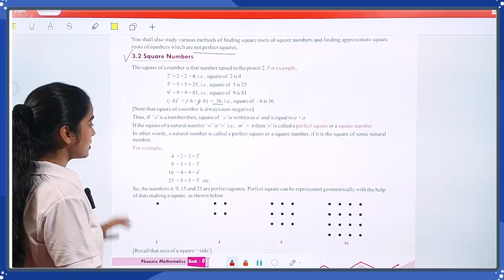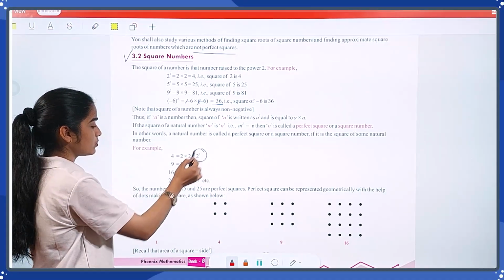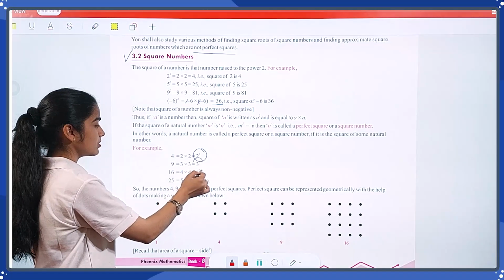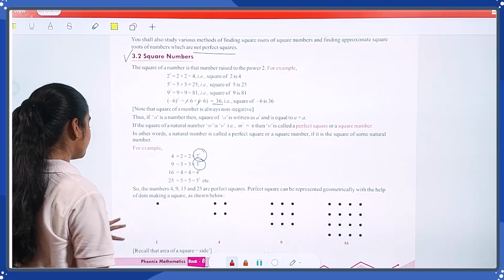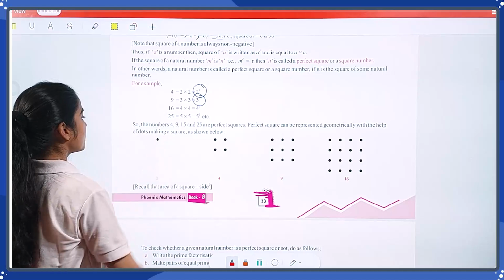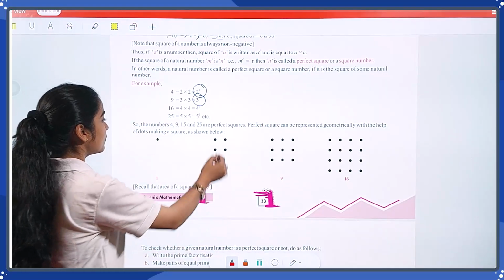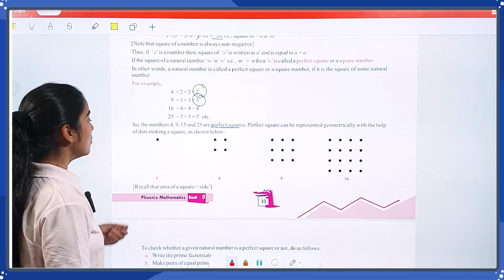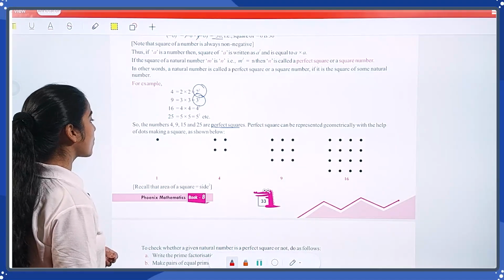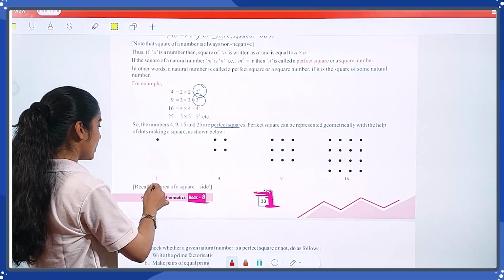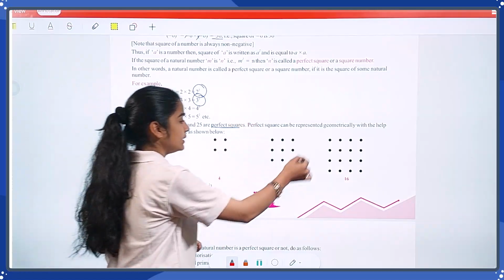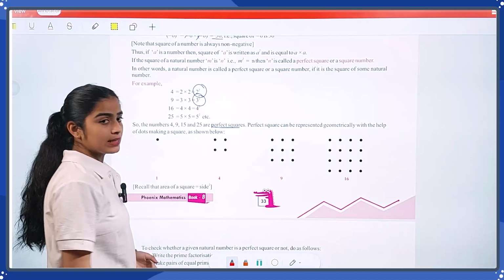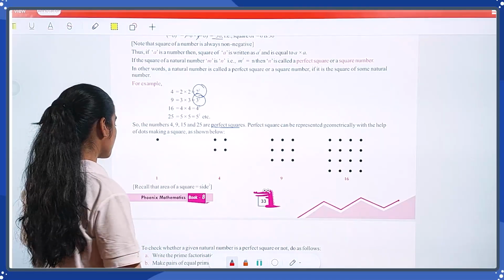So 4 is 2 multiplied by 2, 2 raised to the power 2. 9 is 3 multiplied by 3, 3 raised to the power 2. The numbers 4, 9, 16 and 25 are perfect squares. A perfect square can be represented geometrically with the help of dots making a square, as shown below: 1, 4, 9, then 16. So we can simply understand these are the perfect square numbers.